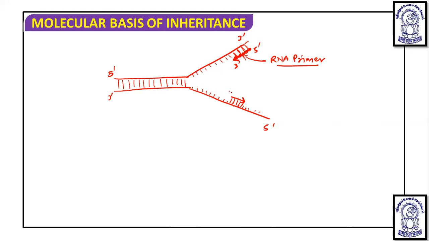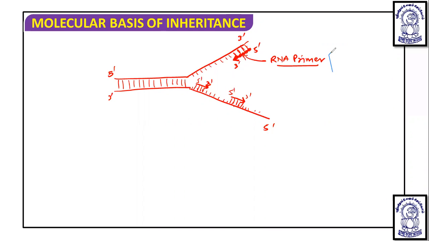The RNA primer will be added like this, because primase always works in the 5' to 3' direction. So RNA primers are added in this way.